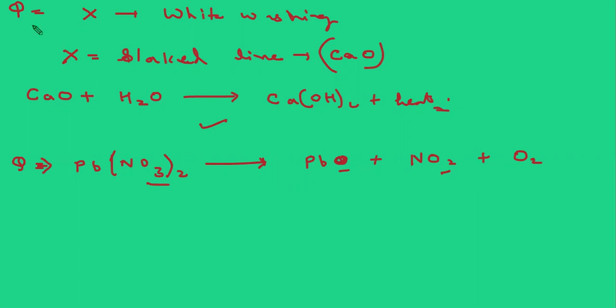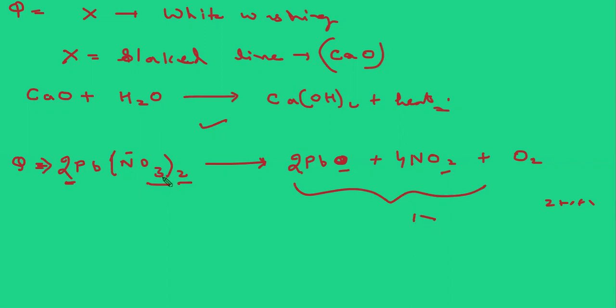But if I just write 2 over here, okay, now Pb becomes 2, so we can multiply the PbO by 2 here. Right, now nitrogen becomes how much? 2 and 2, so it becomes 4, so we can write 4 here. Now can we count the oxygen? So 2 plus 8 plus 2, so it is 12 oxygens total, right?